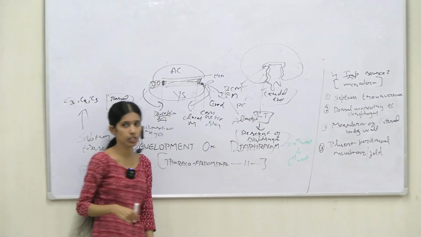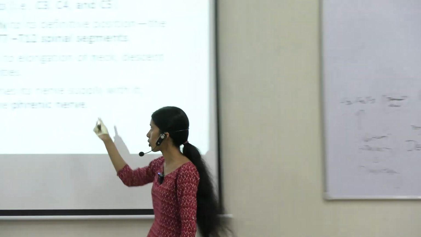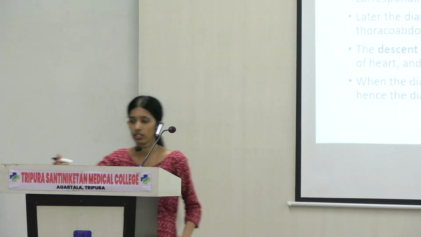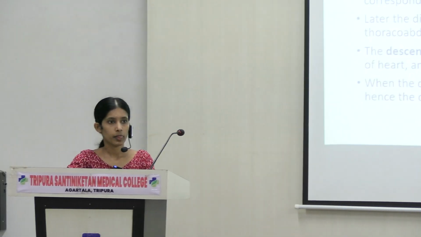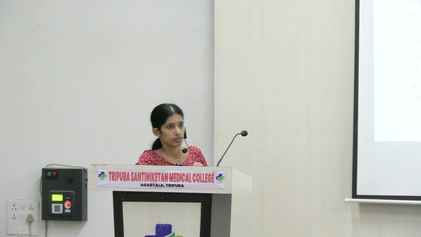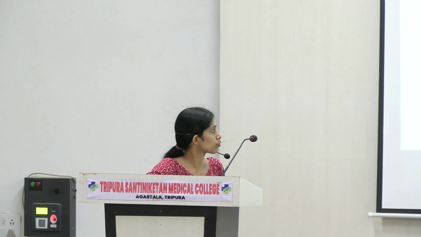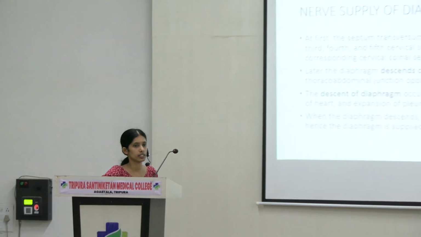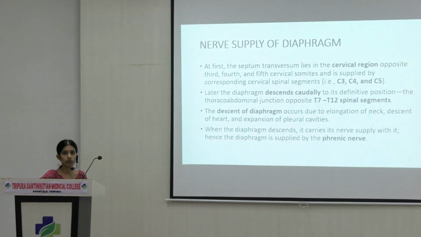This is your MCQ question. Definitely they will ask what are the reasons for the descent of the diaphragm, okay. So at the level of the embryo, it is supplied by C3, C4 and C5 spinal segment nerves, then it is going to descend by the craniocaudal folding.